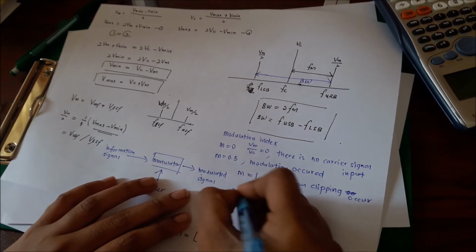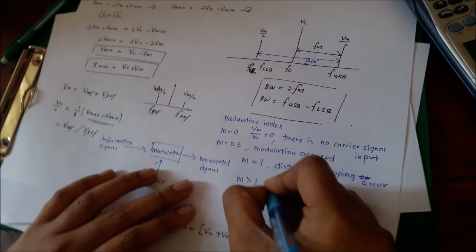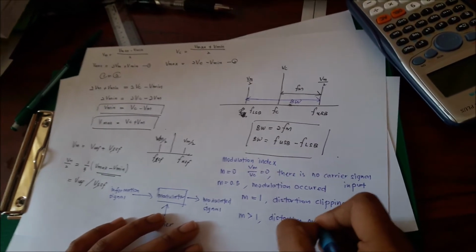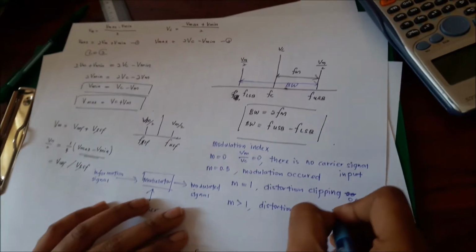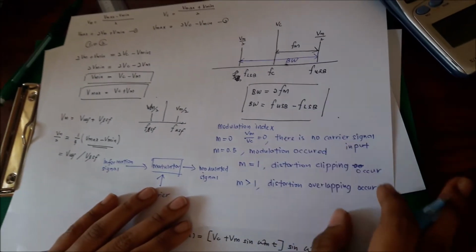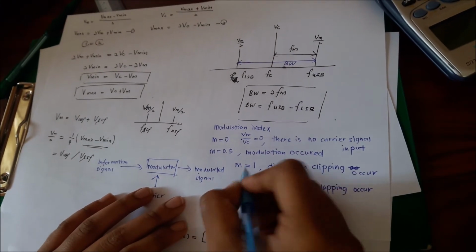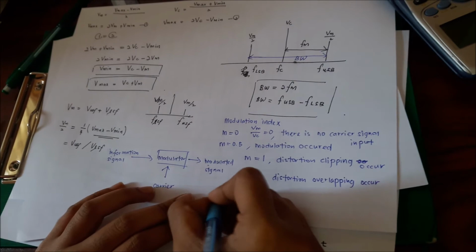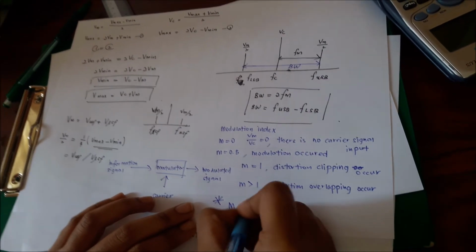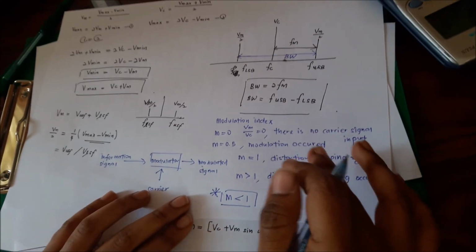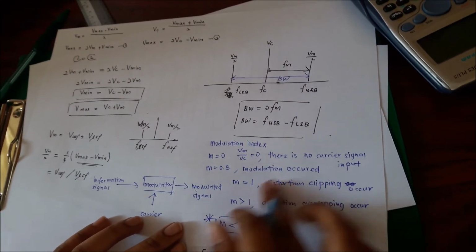And if your m is more than 1, then distortion of overlapping occurs. So in conclusion, your modulation index should always be less than 1 in order to have a modulated signal that is not distorted.